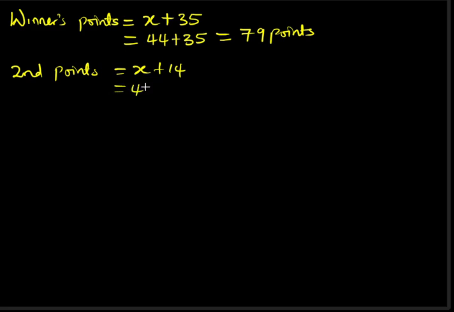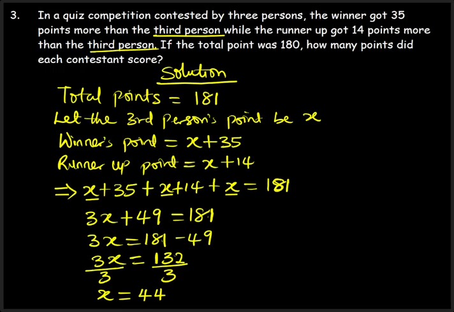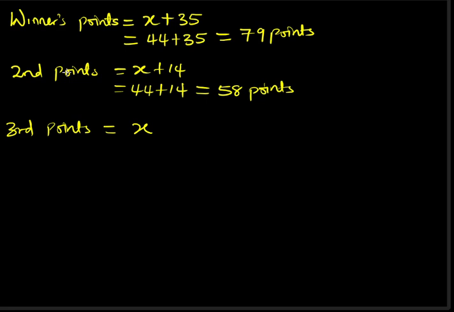Our x is 44, so 44 plus 14 will give us 58 points. And then the third point will now be, third was just x. If you check, let the third person's point be x. So the third point will be 44.